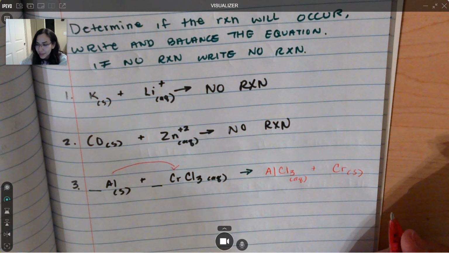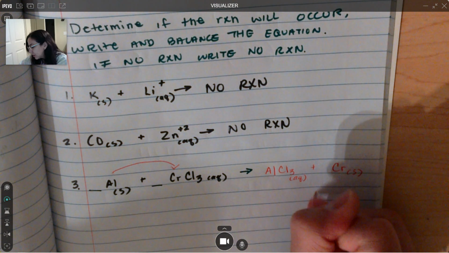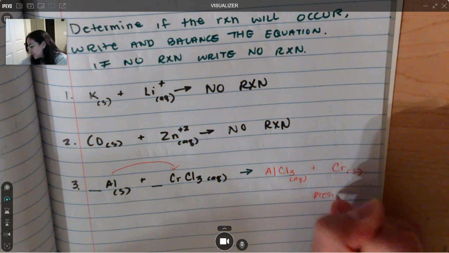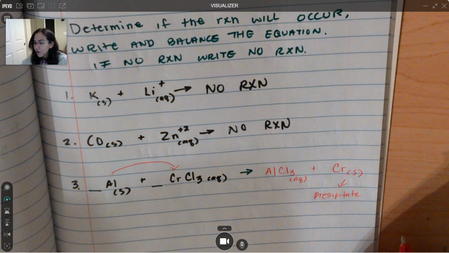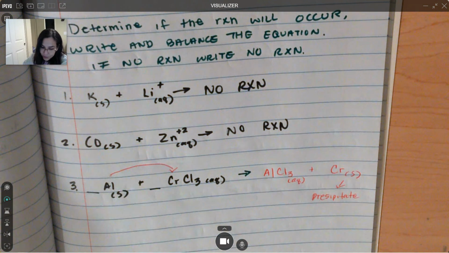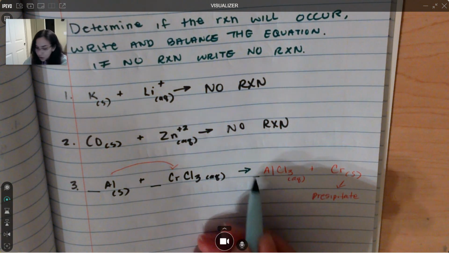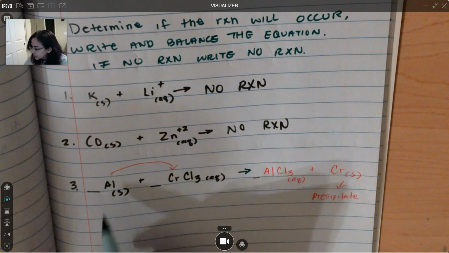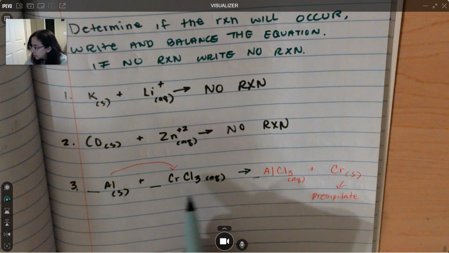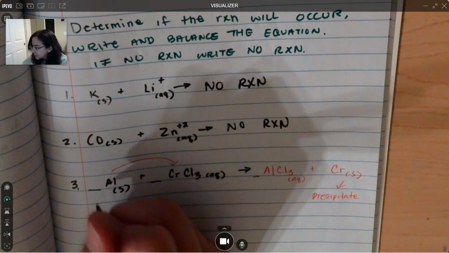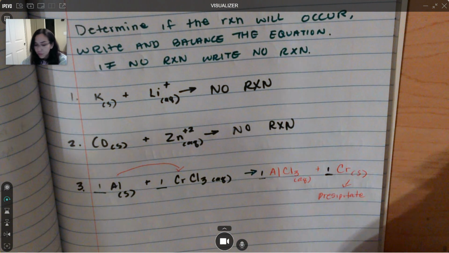It's the precipitate. This right here is called the precipitate. Okay, it's the solid that forms. Okay, the precipitate. Okay. We're going to go ahead and balance our chemical reactions, make sure everything is good. 1 aluminum, 1 chlorine, 1 chlorine, 1 chromium, 1 chromium. Everything's good, so it's actually going to be a 1 to 1 to 1 to 1 ratio.